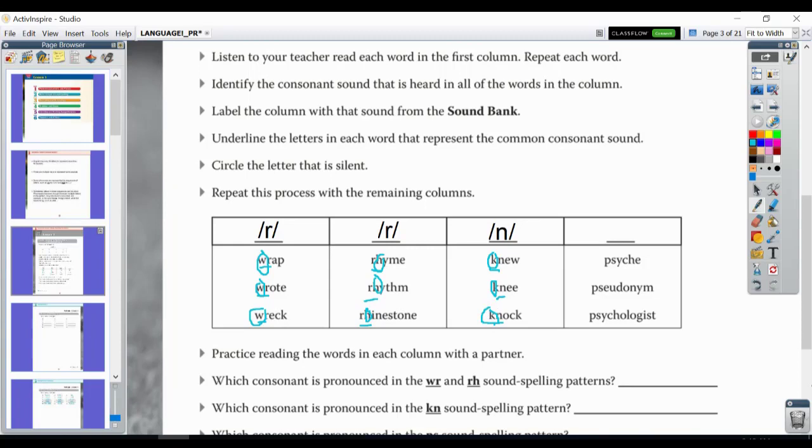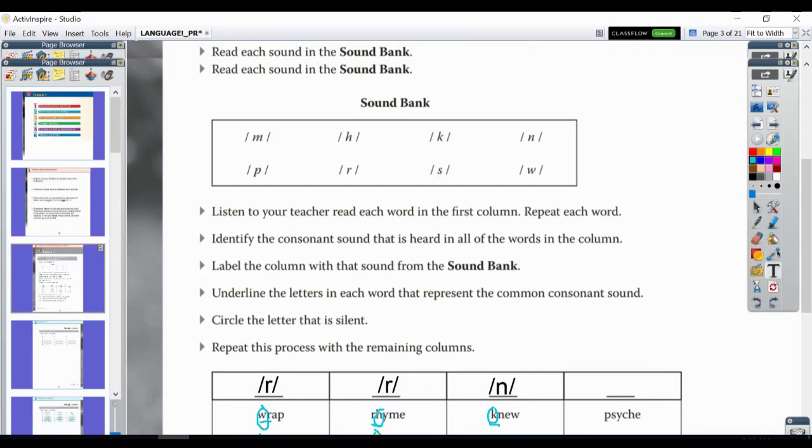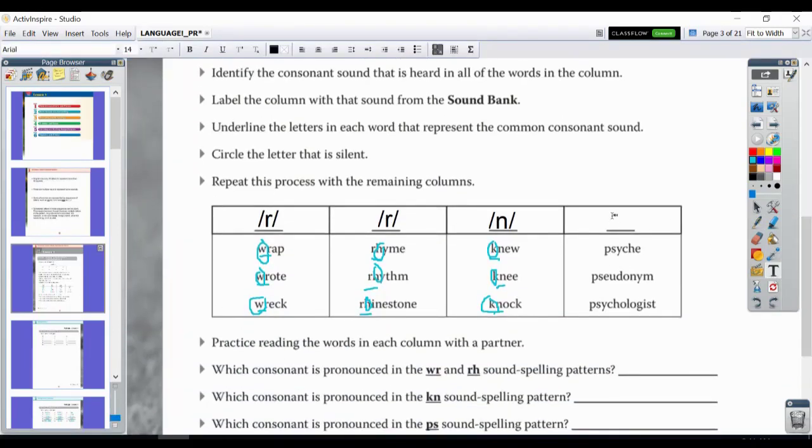Let's look in this last column. Our words are psyche, pseudonym, psychologist. These are tough words, right? Psyche, pseudonym, psychologist. What sound do you hear at the beginning? That's right. It's the S sound. Okay, let's put that up there.